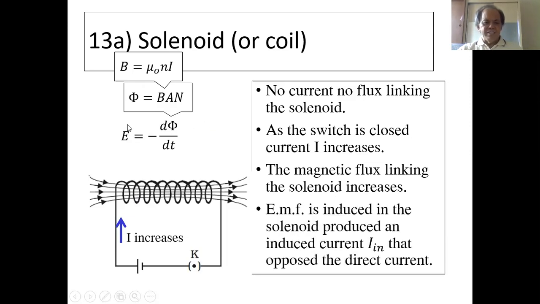If the flux is increasing, EMF is induced in the solenoid. And if EMF is induced, you will also have an induced current that opposes the direct current. That's why the direct current doesn't rise instantly.